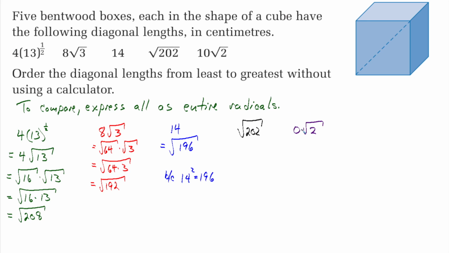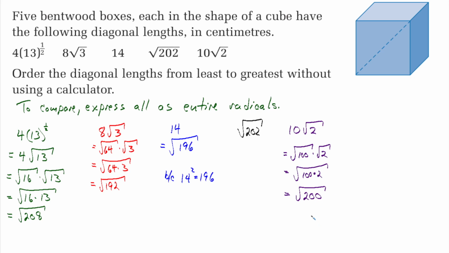So 10 is the square root of 100. So this equals the square root of 100 times the square root of 2, and I'm showing this middle step here where I'm going to write it as the square root of 100 times 2. If you skip straight to the square root of 200, I think you can be forgiven.